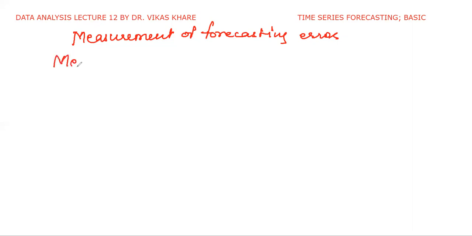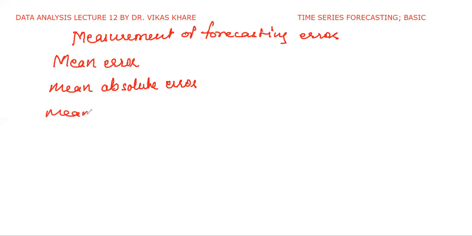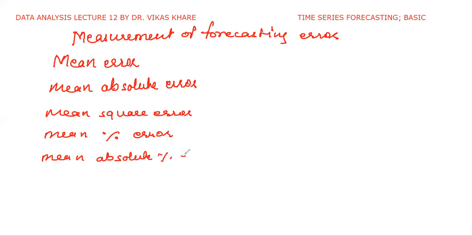The first is mean error, then mean absolute error, mean square error, mean percentage error, and mean absolute percentage error. These are the types used when we measure forecasting error.